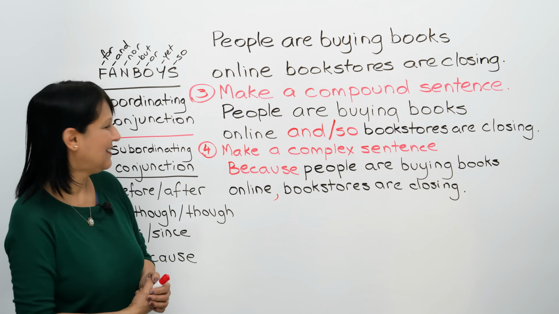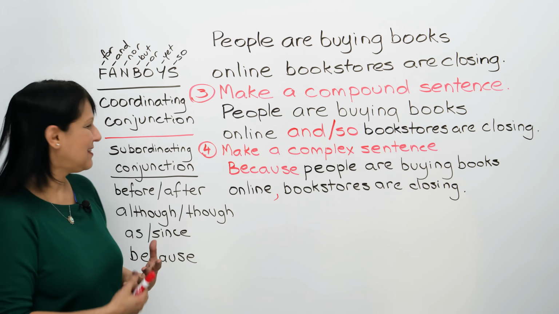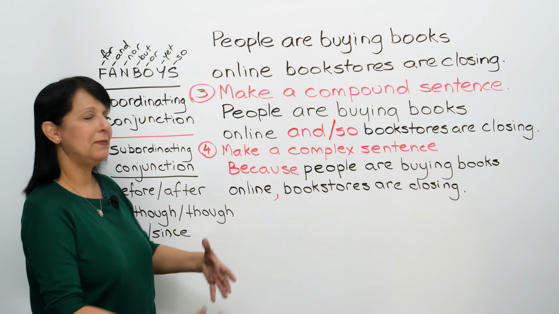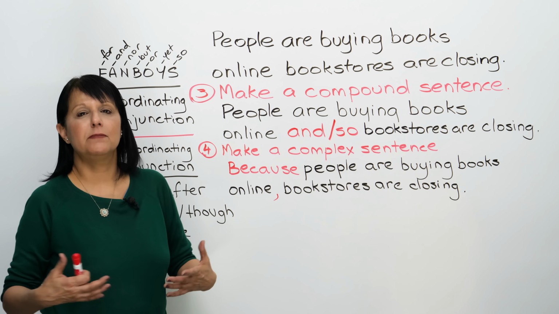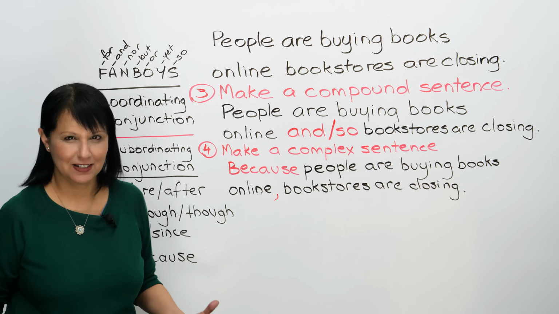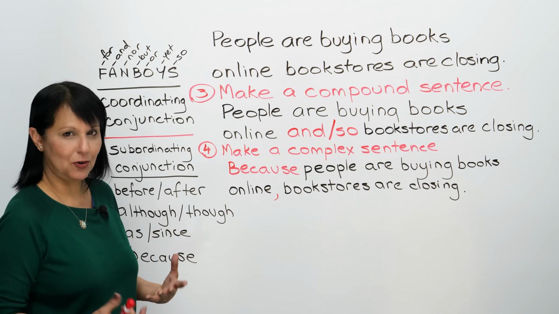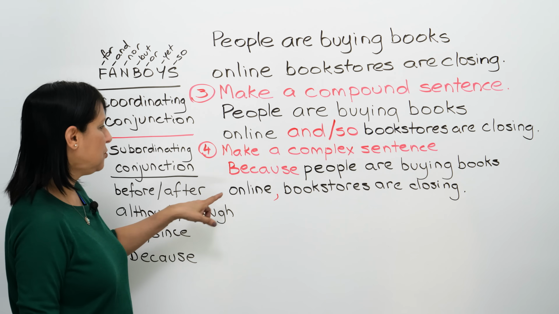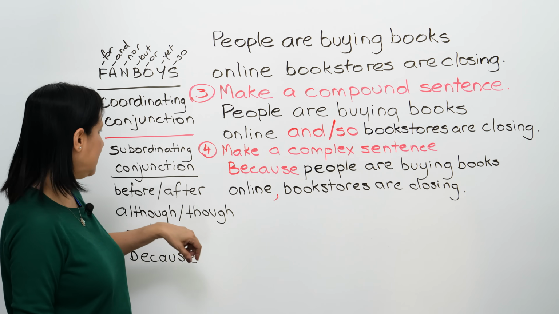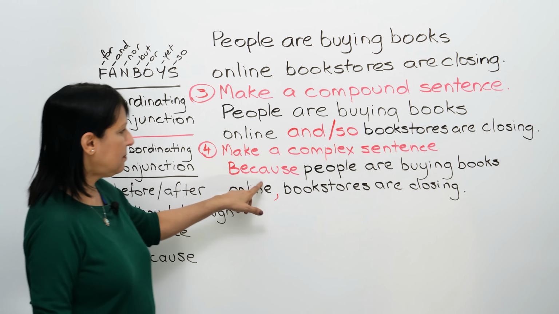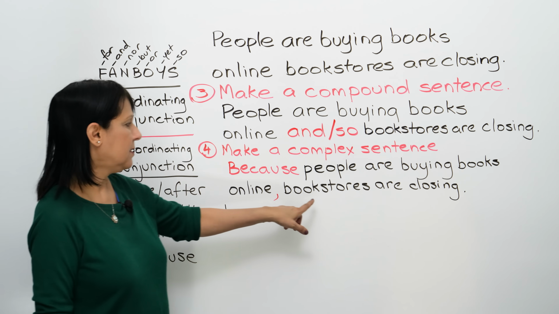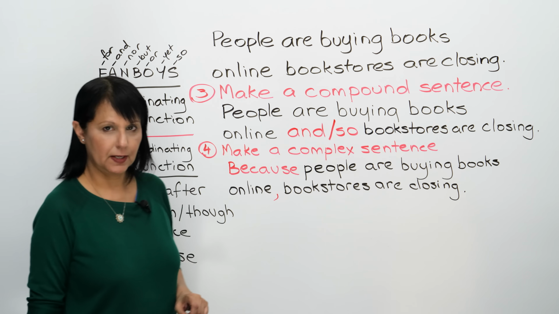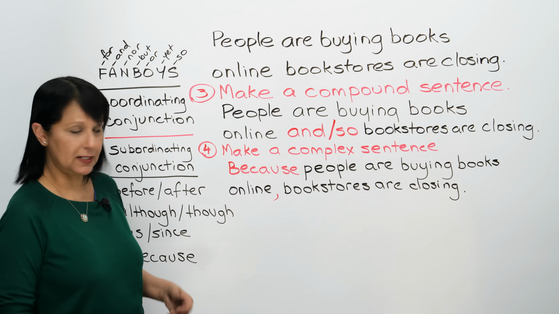I'm sure you are. Okay, let's look at the last option, and that is to make a complex sentence. All right, this is considered the most advanced option that you can implement. So here what we do is we say, for example, because people are buying books online, comma, bookstores are closing. Now, why is this a complex sentence?